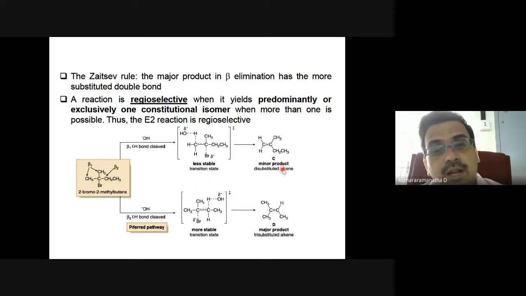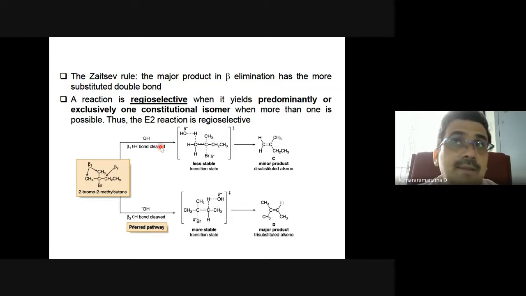So you get this product as minor, but when you remove the beta 2 carbon from here, this gives rise to a major product like this because of Zaitsev's rule.